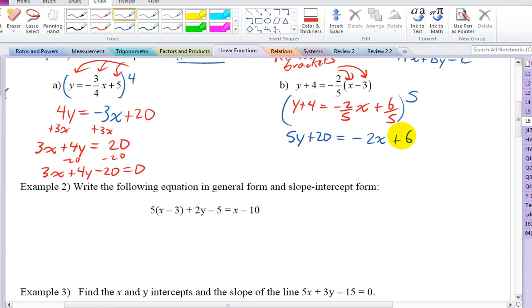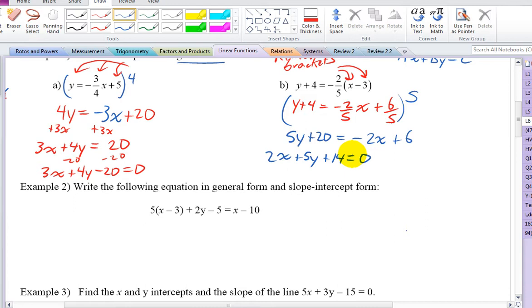Okay, so your fractions are gone, easy peasy. Now let's move everything to the left side. 2x plus 5y plus 14 equals 0.